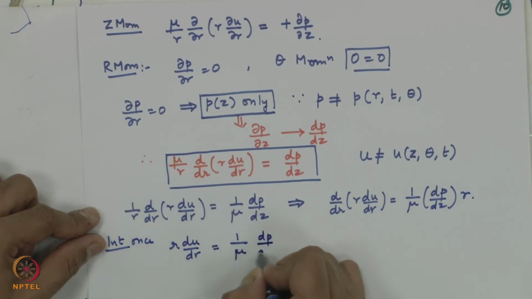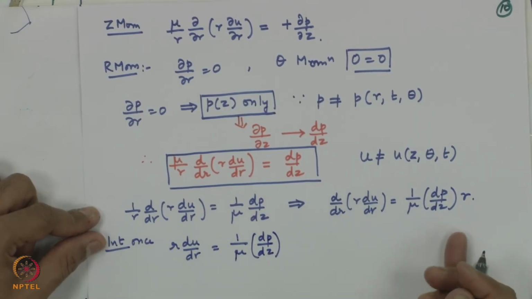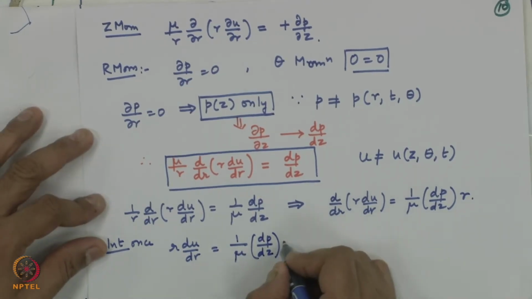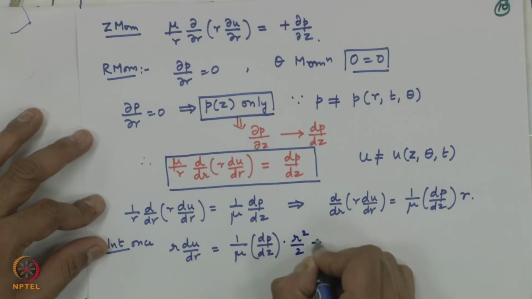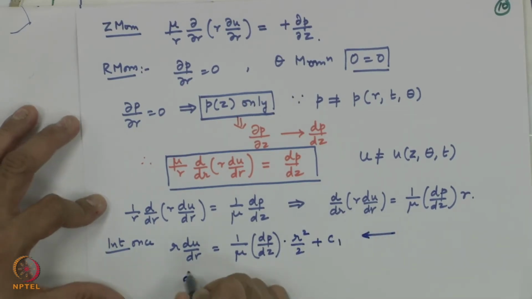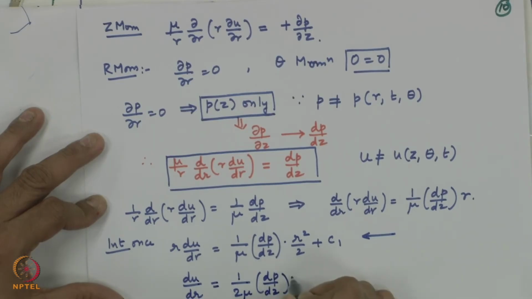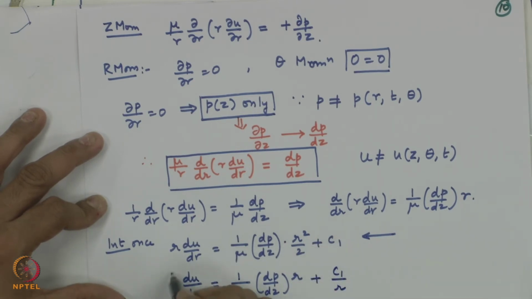Remember, dp by dz was told to be constant, it is not a function of r anyway. So, this comes out and you are left with r squared by 2 plus C 1, which can be written as du by dr is equal to 1 over 2 mu dp by dz r, divide through by r. So, this r comes out here and cancels with 1 r, and you are left with C 1 by r.